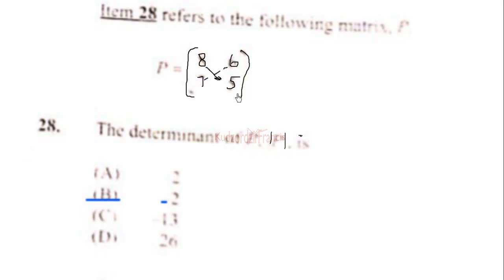So if you multiply 8 by 5, you get 40. Then subtract 7 times 6, which is 42. 40 minus 42 is equal to negative 2. So the answer is negative 2.